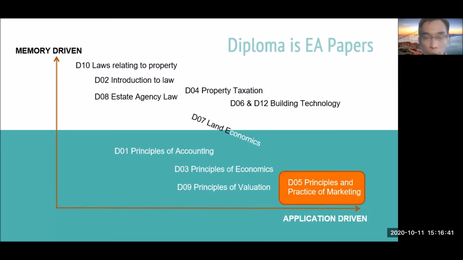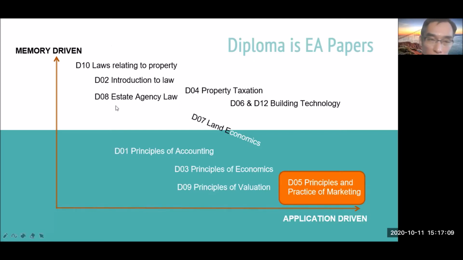So if you are looking at this graph, you have the top, which is the memory driven. If you are a person who is very good in studying and remembering things, then these are the subjects like law papers, introduction to law, laws relating to property, estate agency law. These are the papers that you find easy and straightforward, because they need a lot of brain power.